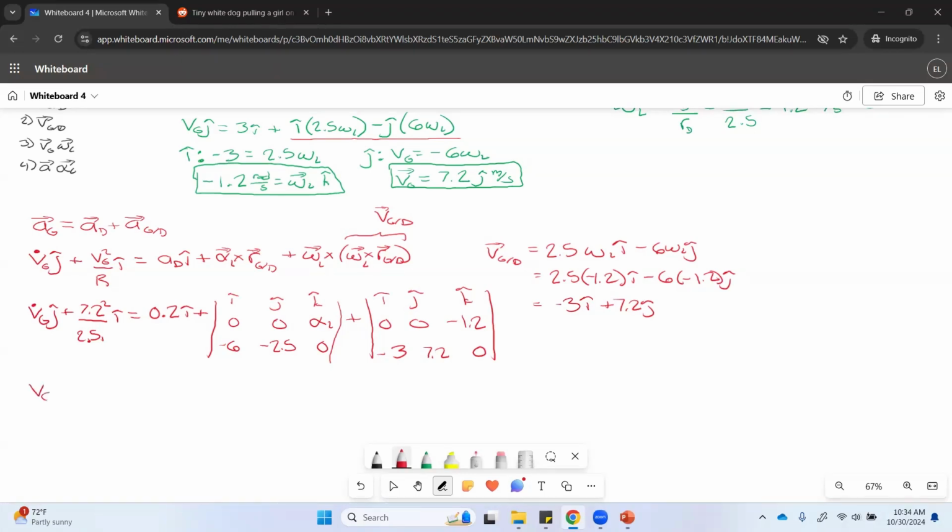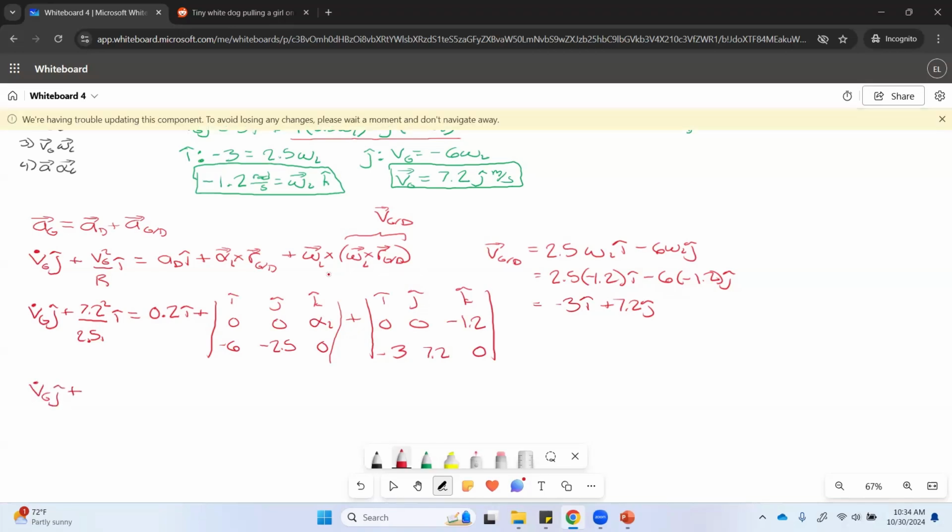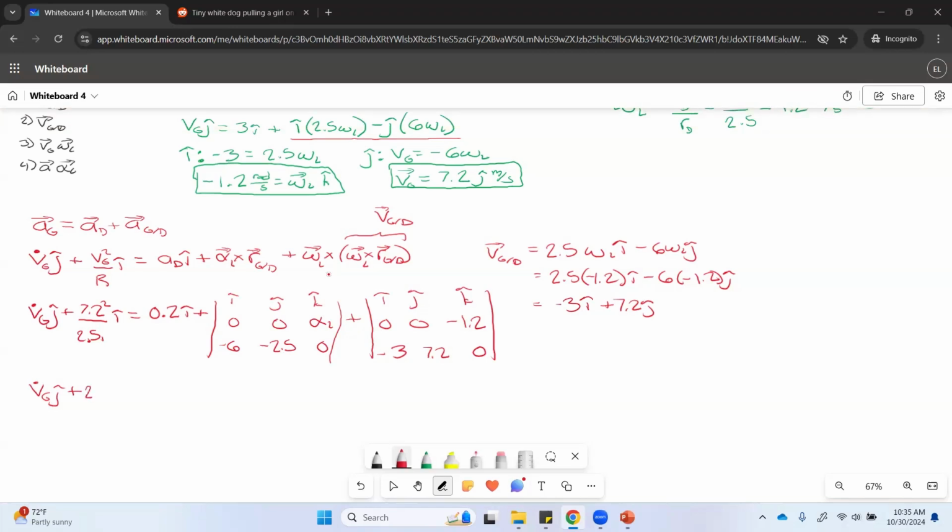So we'll have VG dot in the J plus the 7.2 squared over 2.5 is 20.74 I hat equals 0.2 I hat plus, we need to do this cross product, I hat times 0 minus negative 2.5 alpha gives us 2.5 alpha, minus J hat times 0 minus negative 6 alpha is going to be 6 alpha.